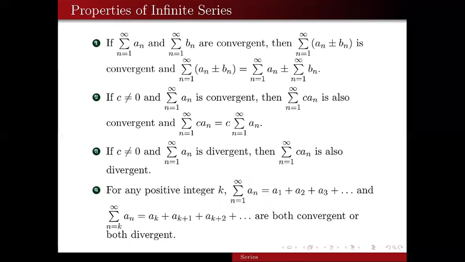Now, we discussed series. We defined what a series is. We had a way of determining whether the series is convergent or divergent. It's via the definition, via the sequence of partial sums. If we study the sequence of partial sums, we will actually get an actual sum or not.